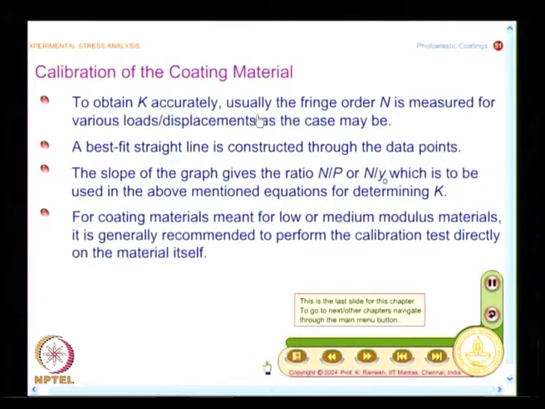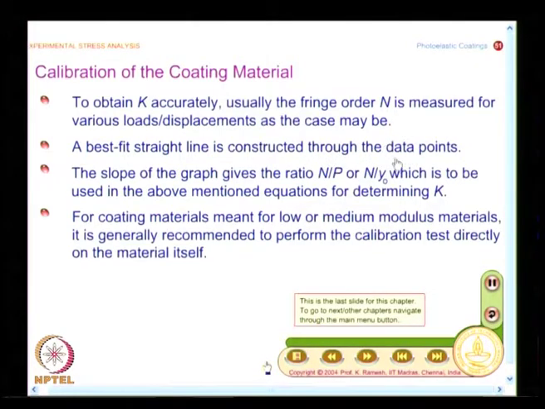So, for this you need to find the fringe order correctly, and you do not just make one measurement, you make various measurements for various loads and displacements, find out the fringe order and do a graphical least square analysis. What you do is you fit a best fit straight line through the data points collected.